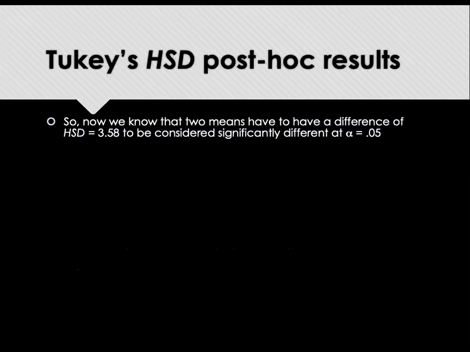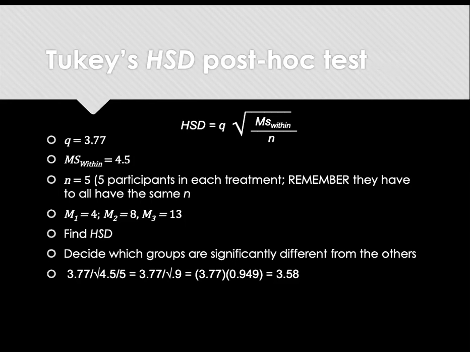So 3.77 is Q, divided by the square root of 4.5, MS within, divided by 5, N. And if you do the math, 3.77 times the square root of 0.9.